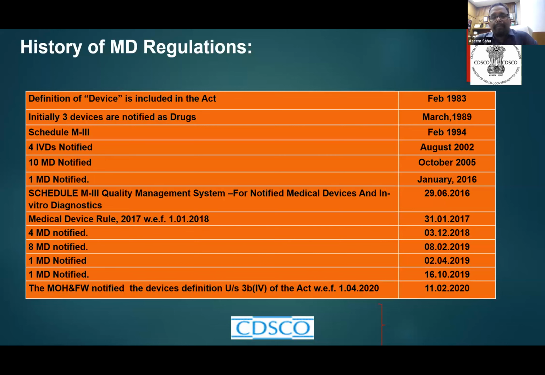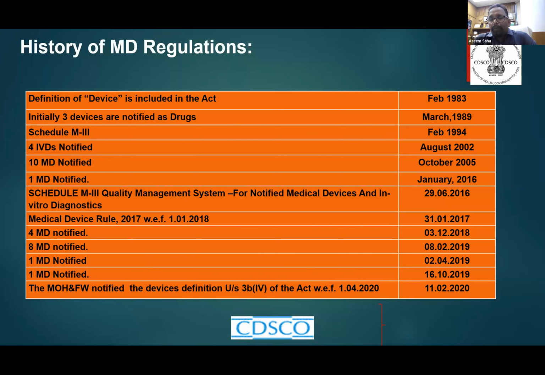Then came the concept of good manufacturing practices in 1994. Thereafter, in 2002, we notified 4 different high risk in vitro diagnostics. Then in 2005, we notified 10 medical devices. Then the Schedule M3 was revised with the incorporation of the quality management system in 2016.